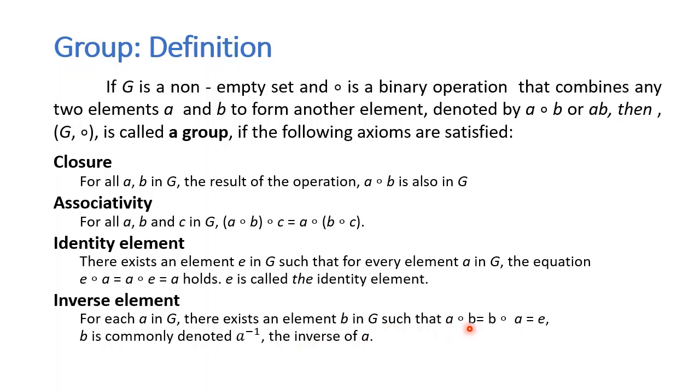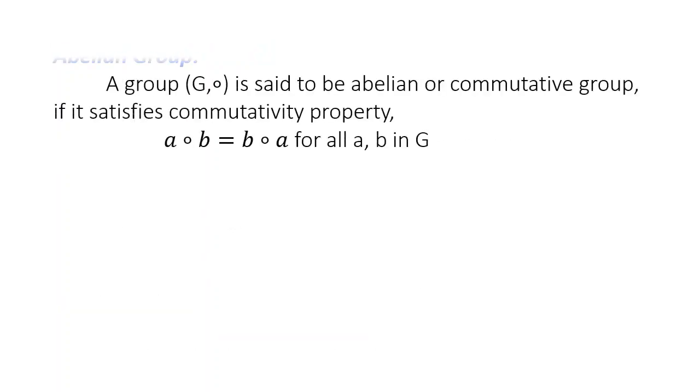When we multiply the inverse with that particular element, the result should be the identity element. When a set G together with the operation dot satisfies all four properties, then we call G comma dot a group. So we have seen four properties.